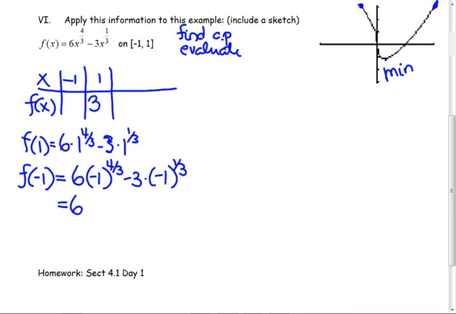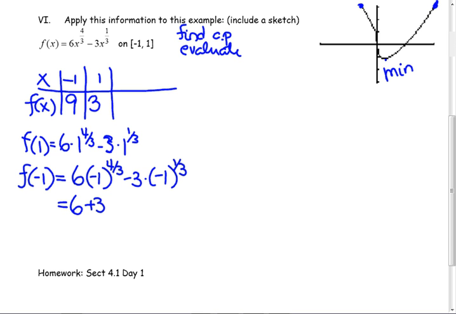What's the other one going to be? What's negative 1 to the 1/3? What's the cube root of negative 1? Yes, you can. Can't square root negative 1, but you can cube root it. That's a negative 1 times a negative 3, so it's what? Plus 3. So this value is 9.